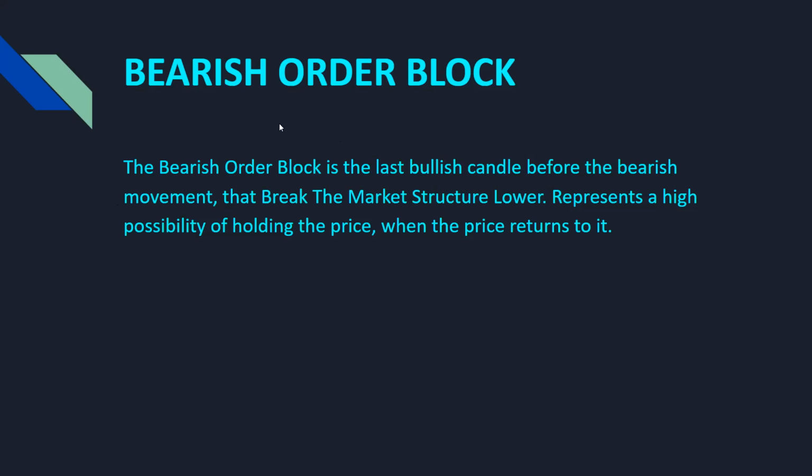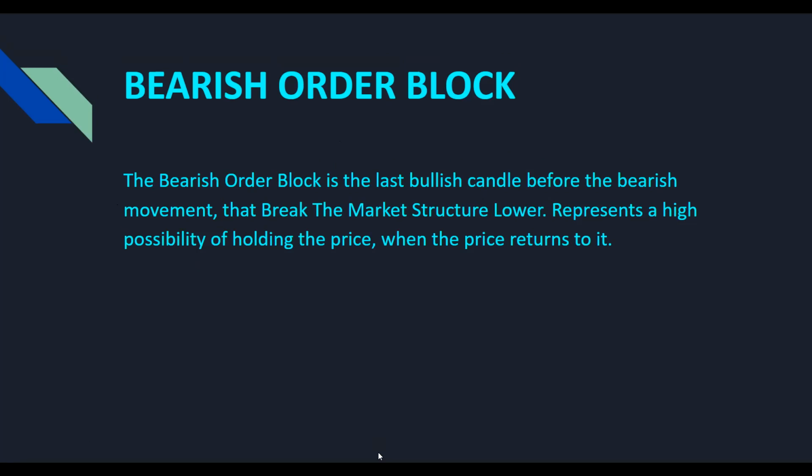So what is the bearish order block? The bearish order block is the last bullish candle before the bearish movement that breaks the market structure lower. This represents a high possibility of holding the price when the price returns. They are never violated. Real order blocks always stand their ground and the market respects them.